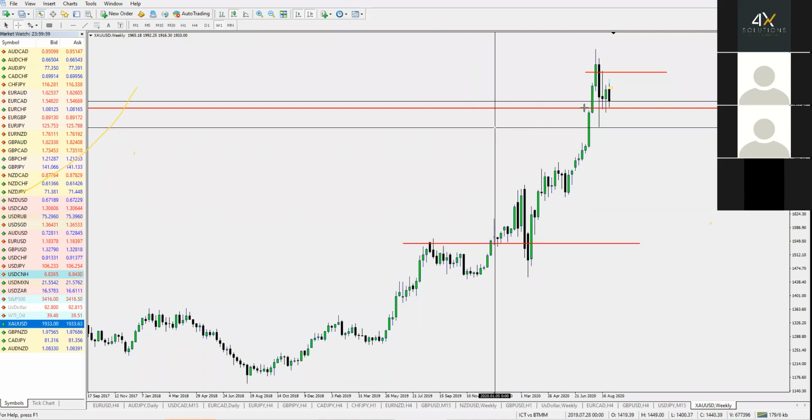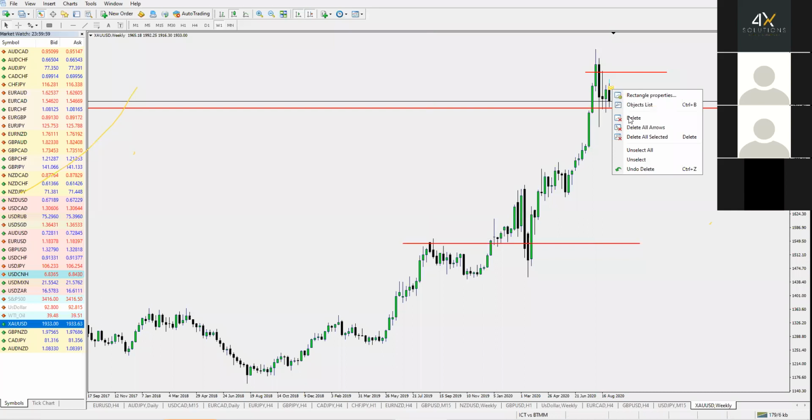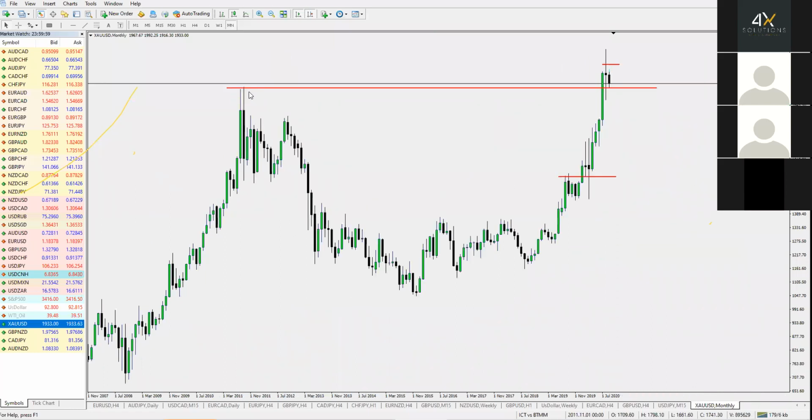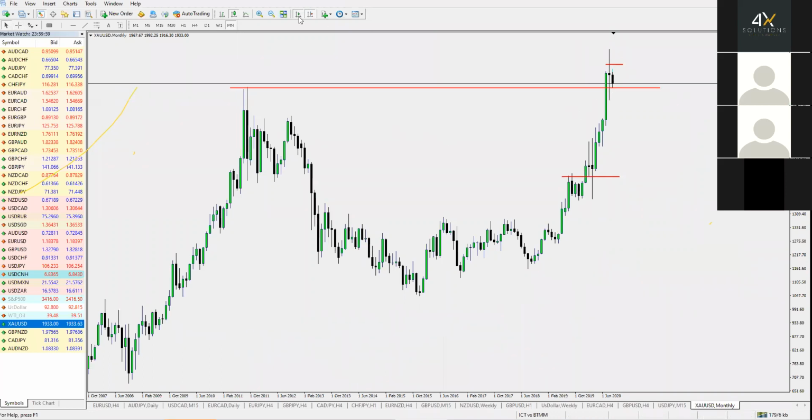So that is a likely scenario for gold to continue based on the fact that this is a monthly mitigation block. Although those are wicks, doesn't matter. There's still data inside of these wicks, and it is a mitigation block over here, and price can rally from this mitigation block.